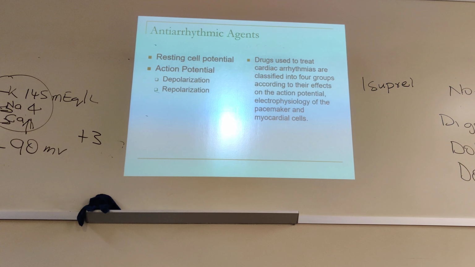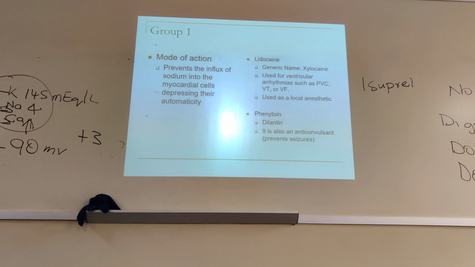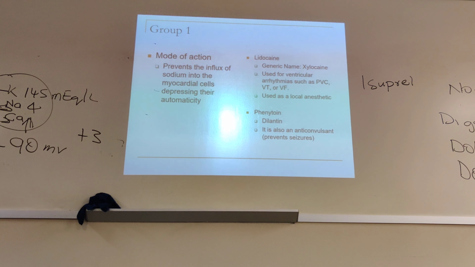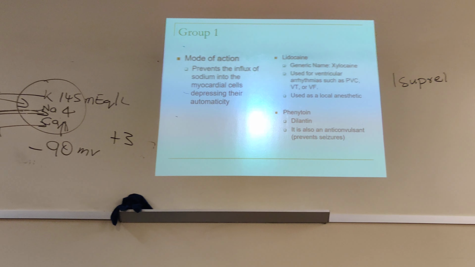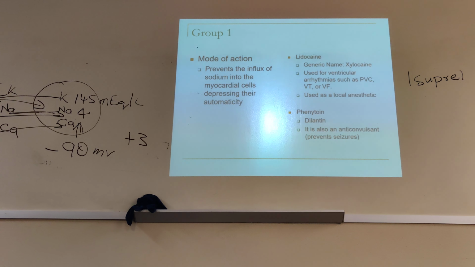If we block it, we'll slow down the heart rate. So you go to group 1 now. Group 1 antiarrhythmic agents work by preventing the influx of sodium into the cell. If the sodium doesn't go in, these other ones will not go in. You will not have an increase in intracellular calcium.